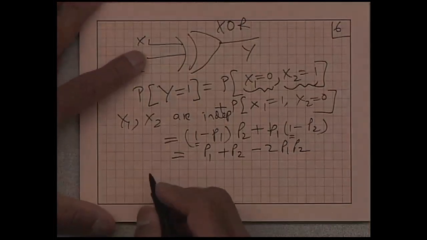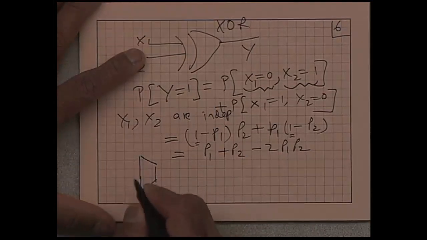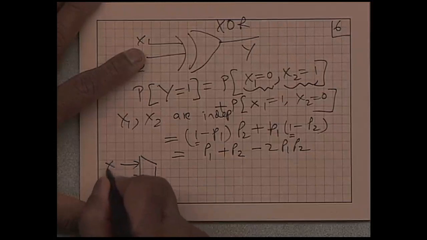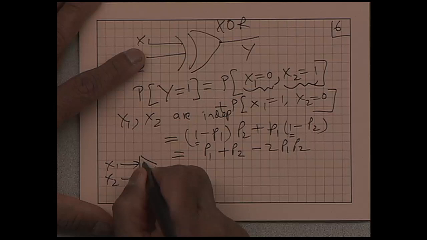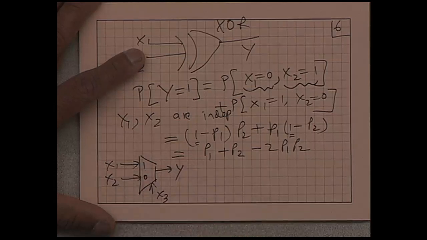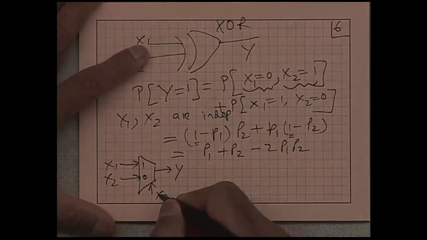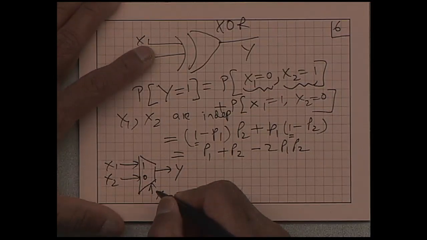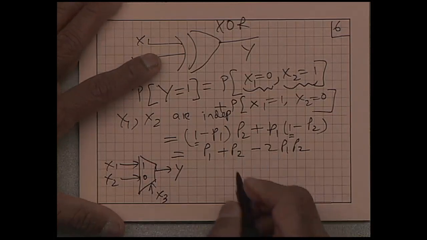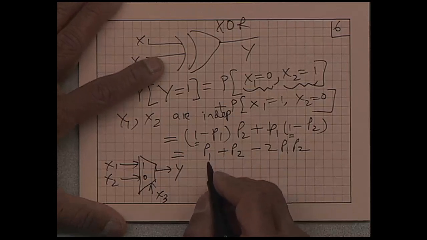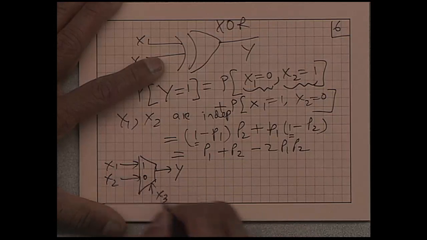Okay, so now if I want to compute the output of a multiplexer, so let's have a multiplexer with x1, x2 inputs, and I have a control bit x3, and let's say this is computing y equal to x1 if x3 is 1, otherwise it's equal to x2. So in this case, what would be the expected value of y? Let's assume that expected value of these quantities are p1, p2, p3.